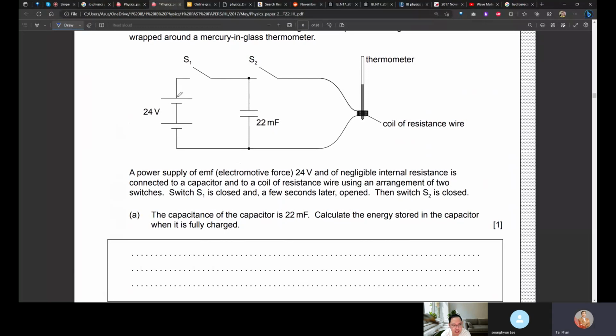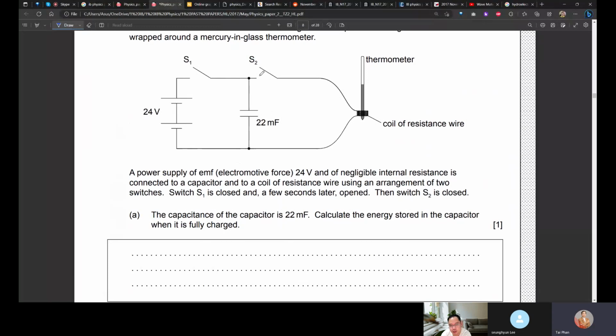S1 is closed, so we can charge the capacitor here, allowing the electrons to run from the negative terminal of the battery to the plate at the bottom, and pushing the electrons on the top plate to the other end of the battery. Then open it so that the charge stays there, stored in the capacitor.